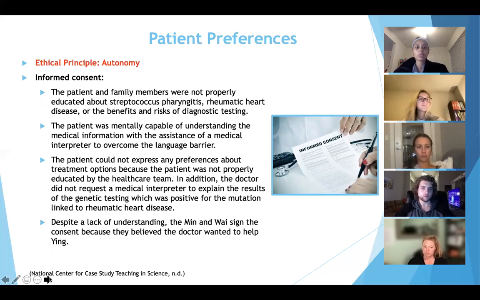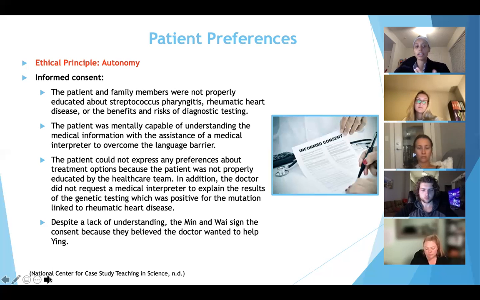When they get to the hospital, remember, Dr. Smith was educating outside of his specialty, so he wasn't properly educating about it and pushed the informed consent on them. The overarching idea of this slide is that Ying's family was not provided a medical interpreter at the appropriate times in her treatment, so she could never truly weigh the benefits and risks and ask questions about what was going on with her treatment or what she was being diagnosed with.